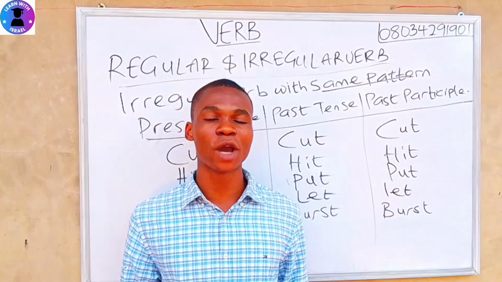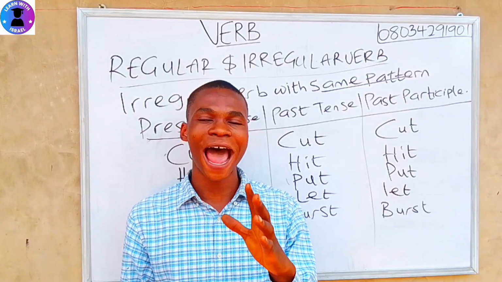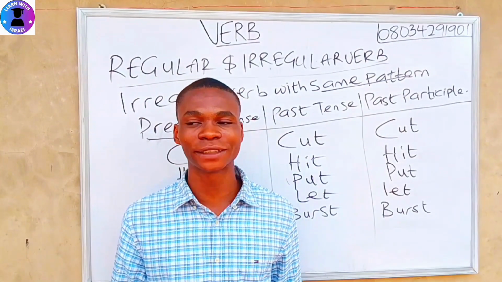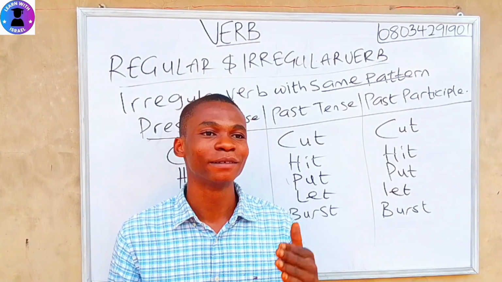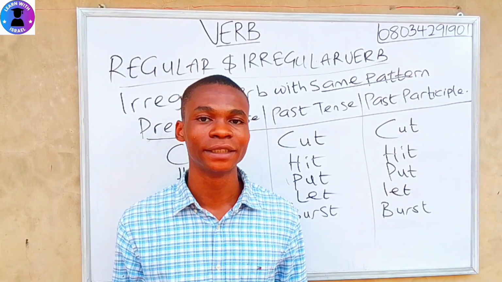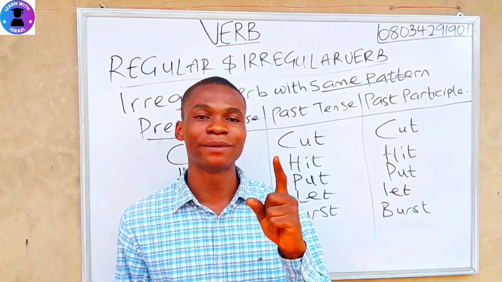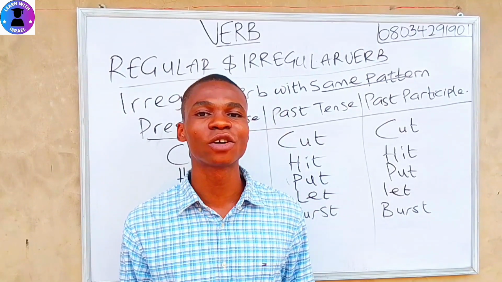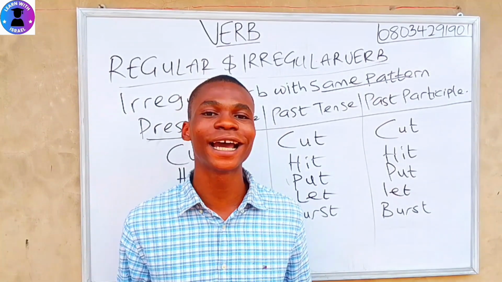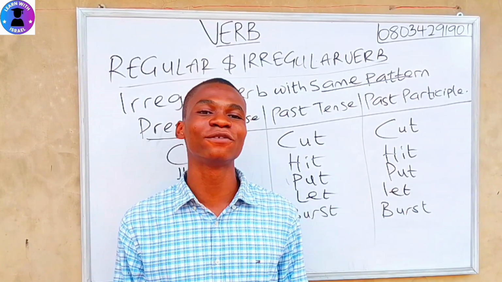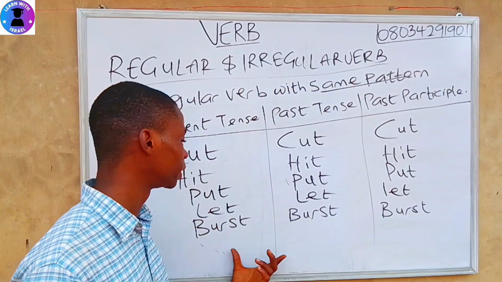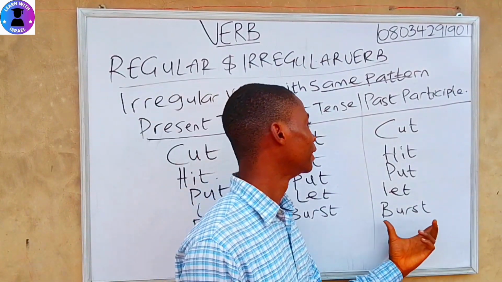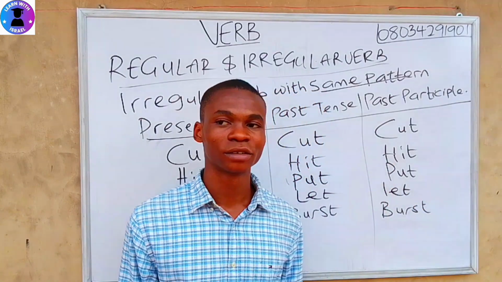I dropped the question in my group, and most people picked busted. Why? Because they think there is an English word called busted. But today I'm telling you that busted is wrong. Busted is not even an English word. So the present tense for bust is bust, past tense is bust, while past participle is bust.